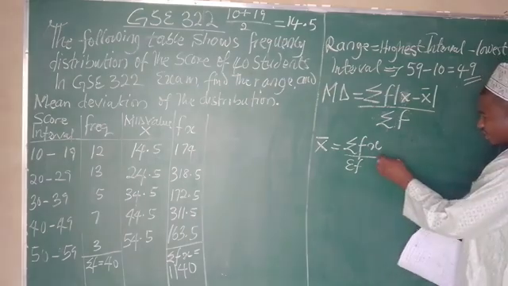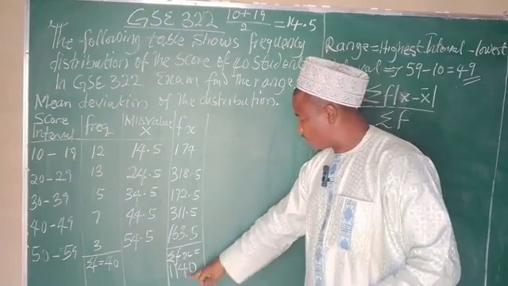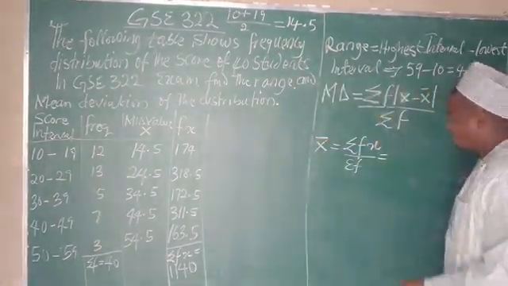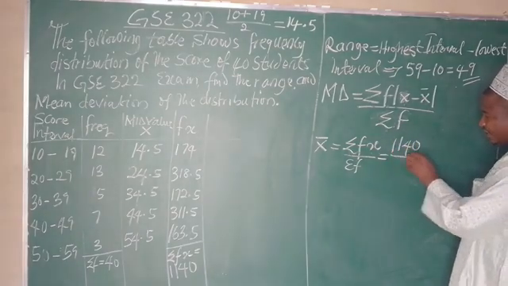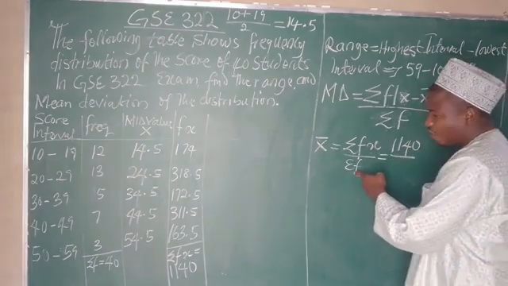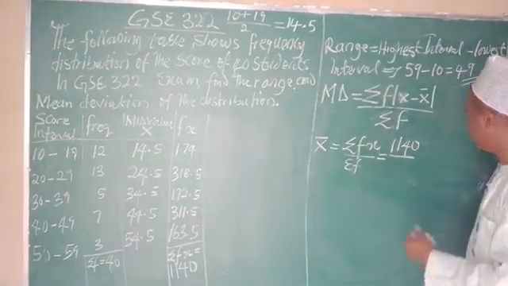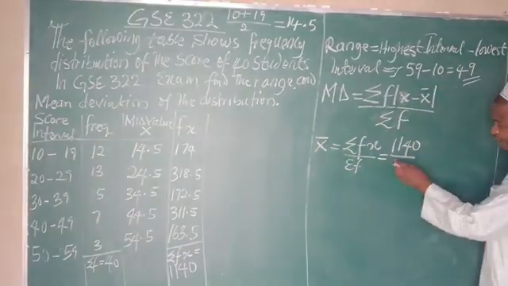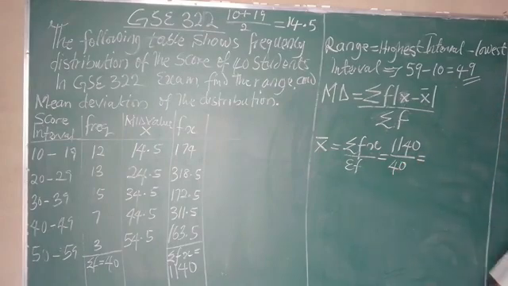So we should come here, having gotten the total fx as 1,140, and write it here: 1,140 divided by summation of f, which is 40 here. The summation of the frequency is 40. So we divide by 40, which is equal to what?